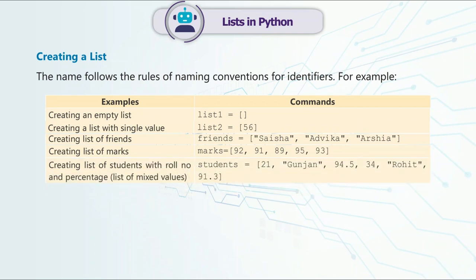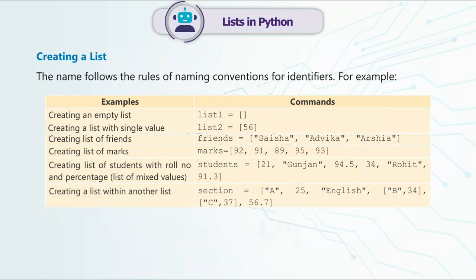Creating a list of students with roll number and percentage. List of mixed values: students equals square brackets 21, double quotes Gunjan, 94.5, 34, double quotes Rohit, 91.3.